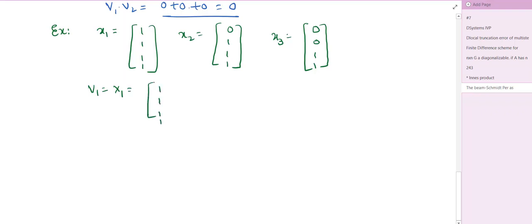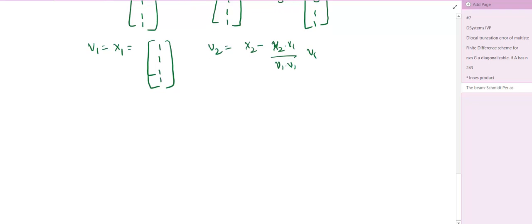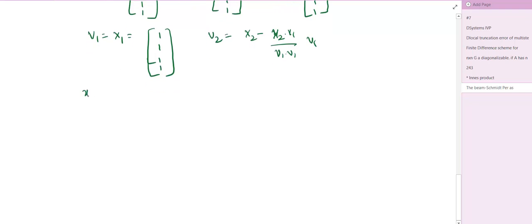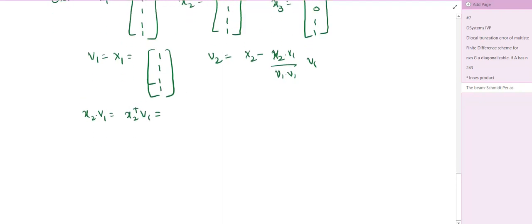Similarly, v2 will be equal to x2 minus x2 dot v1 upon v1 dot v1 into v1. Here we need to calculate x2 dot v1, that is x2 transpose into v1. Here we have x2, that is 0, 1, 1, 1 and v1 is nothing but x1, that is 1, 1, 1, 1.